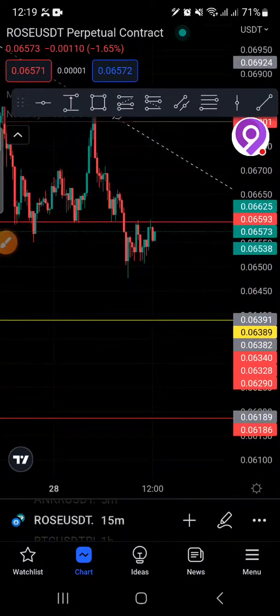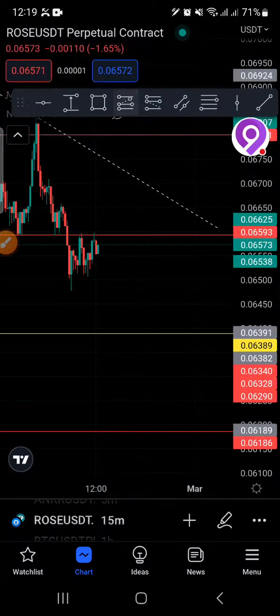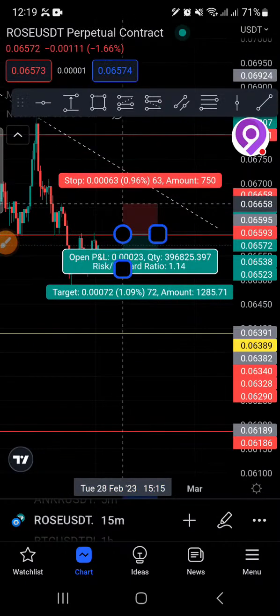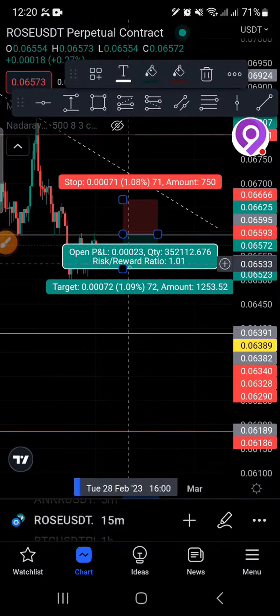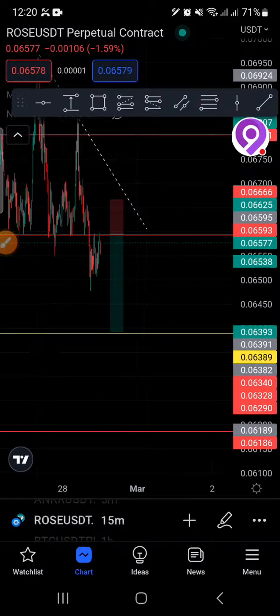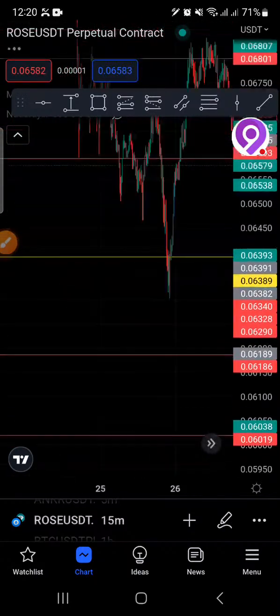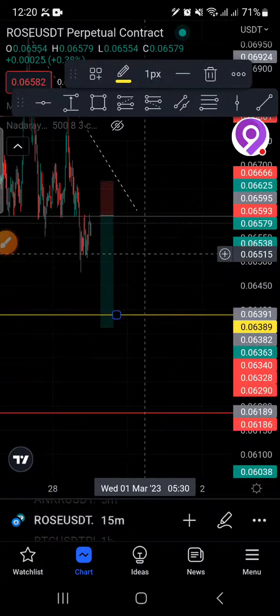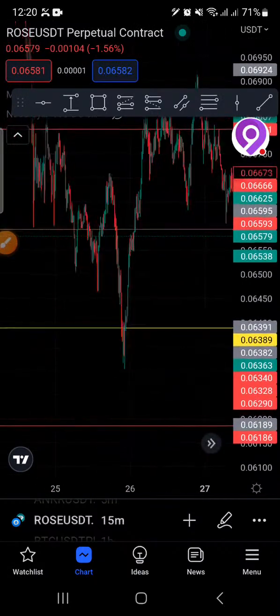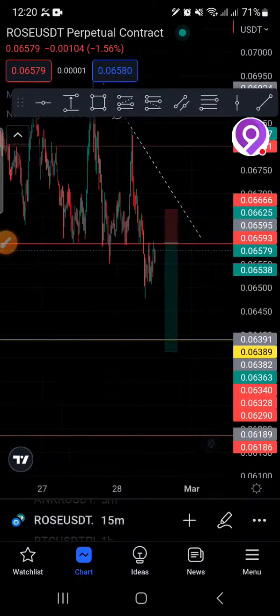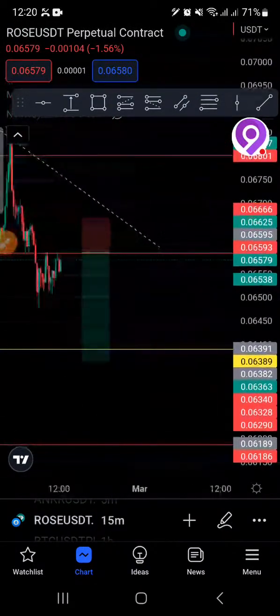So I think it's going to be a downtrend also. Let's see. Yeah, there is fine. It's on a downtrend. So for ROSE, you're looking at the short position.